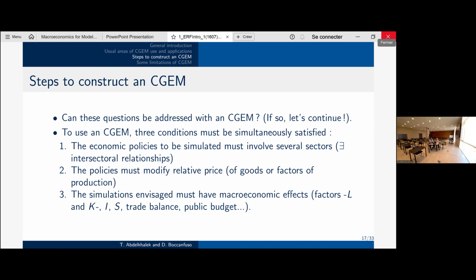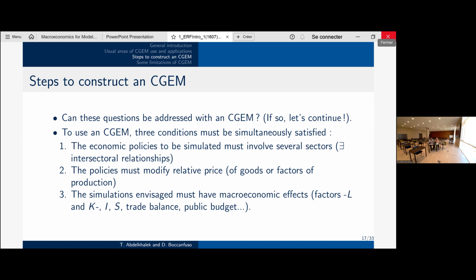But how can we know that we can use a CGE model? To use a CGE model, we have to look for three conditions, and the three conditions must be satisfied simultaneously. If they are satisfied, we can continue. The first one: the policy we want to simulate must involve several sectors.